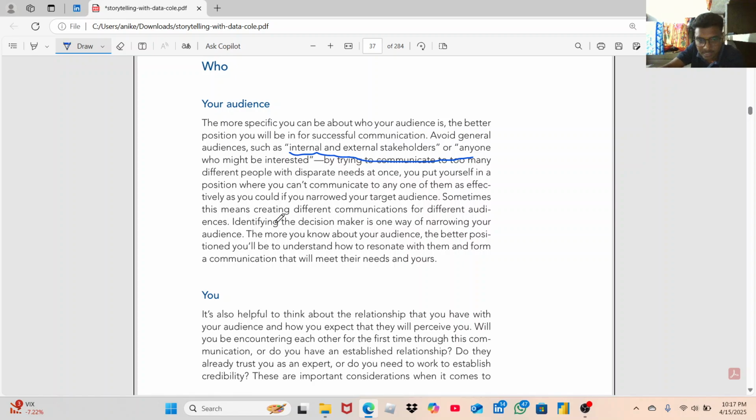Sometimes this means creating different communications for different audiences, or identifying the decision maker is one way of narrowing your audience. So the more you know about the audience, the better position you are in. Always know your audience.